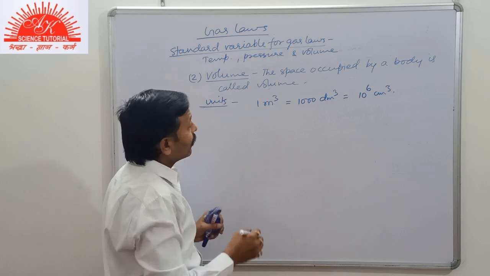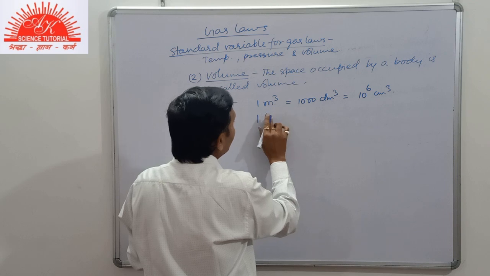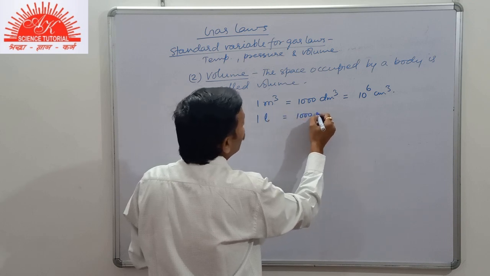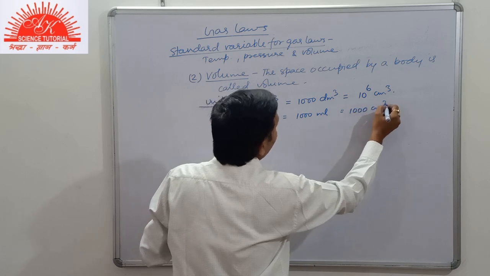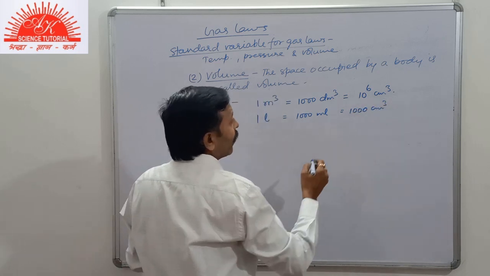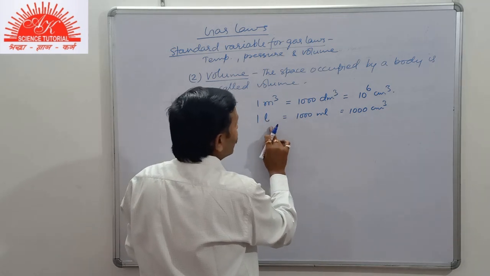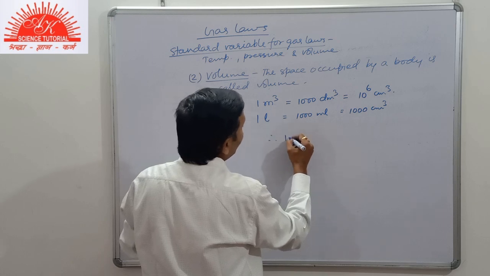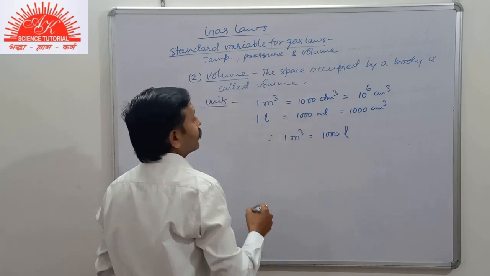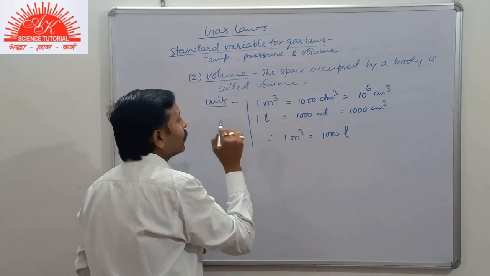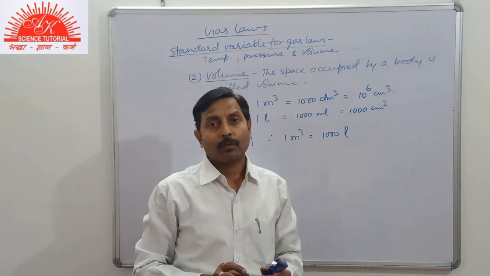Next unit can be liter. 1 liter is equal to 1000 ml or 1000 cubic centimeter. In this relation, we see that 1 cubic meter is equal to 1000 liter. So we can use these units wherever required to describe the volume of the gas.